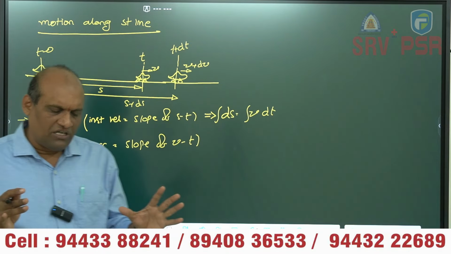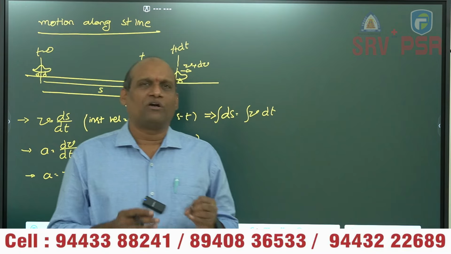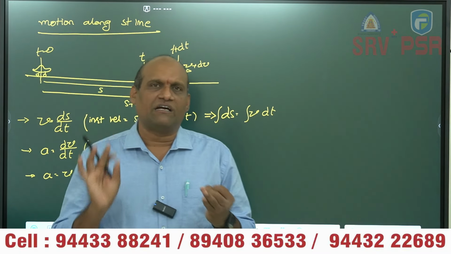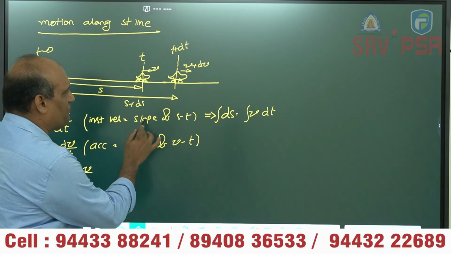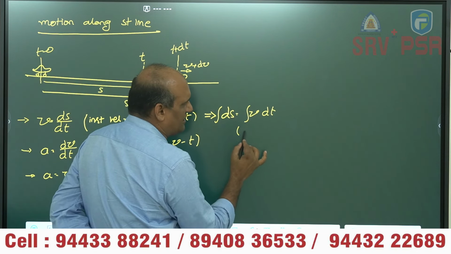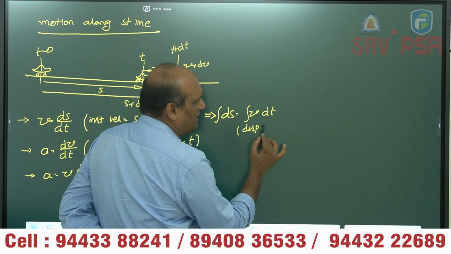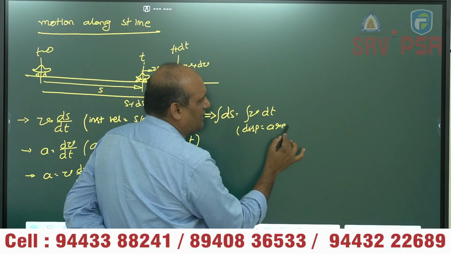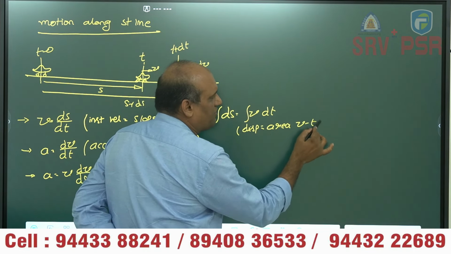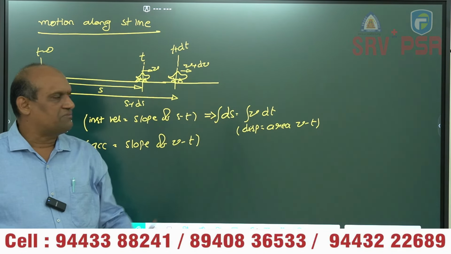Whenever we are dealing with graph related questions, the two important main points, one is slope, other one is area. So the slope of the st graph gives velocity, and here I can say displacement equal to area under the velocity graph, area of the vt curve. The area under the velocity time curve gives the displacement.